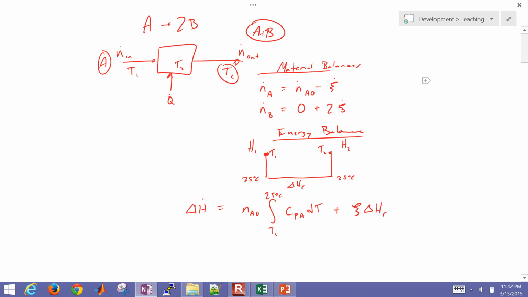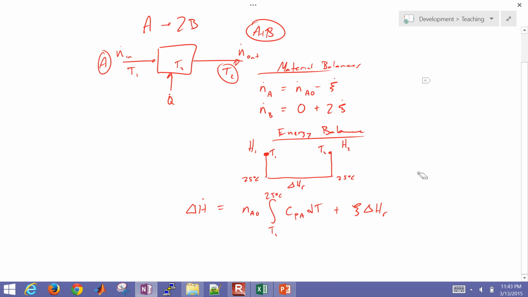Okay, so if a certain amount of moles are converted, it might be kilojoules per mole for the reaction. Okay, so if we have more moles that are converted, then this total number is going to be larger.